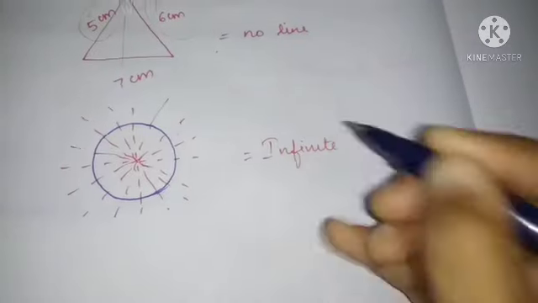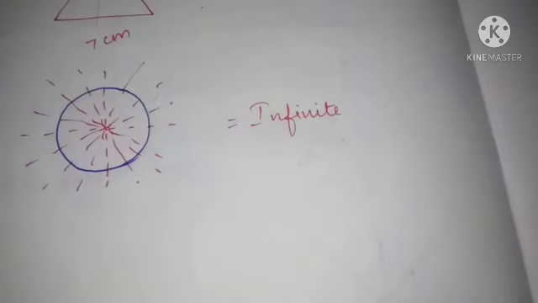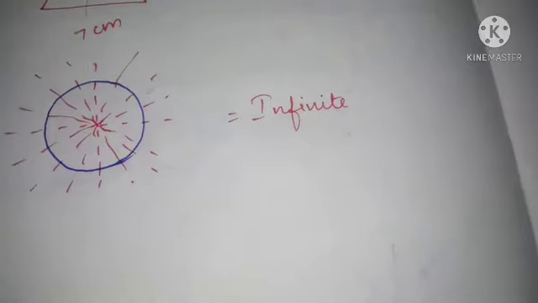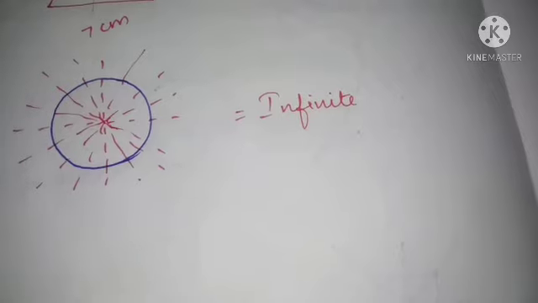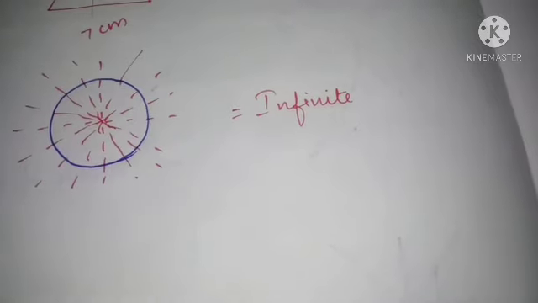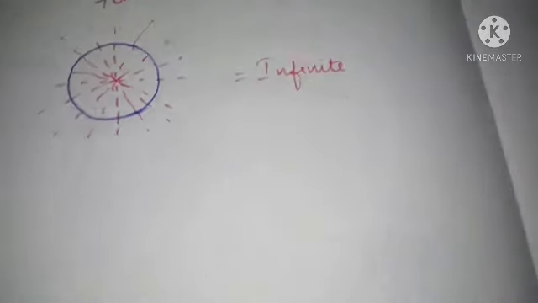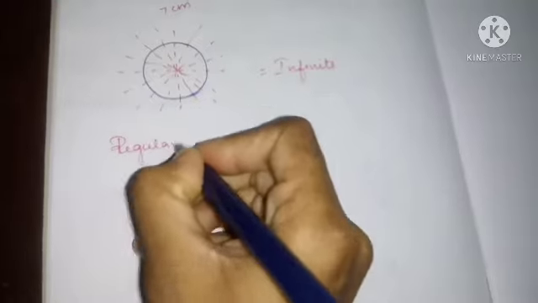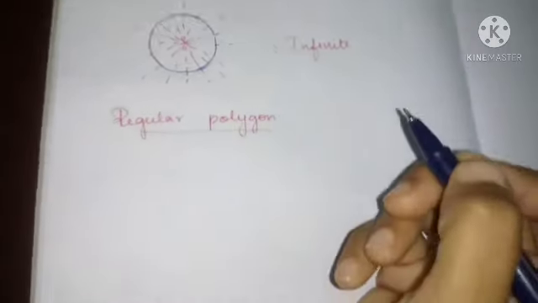Infinite means we can't even imagine how many lines you can draw to make that circle symmetrical. Now next we are going to find the lines of symmetry for regular polygons.